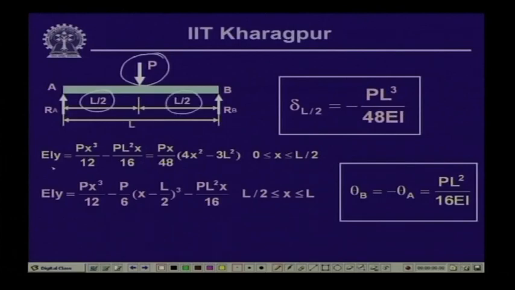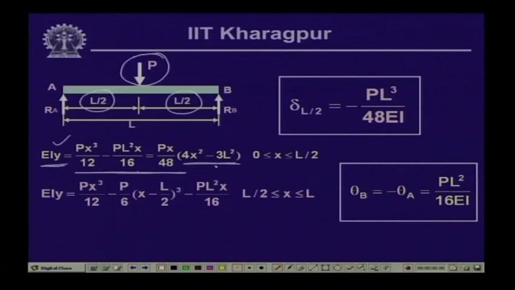Hence, the value of EIy, which was general so long with the values of a and b, now becomes a function of L alone, and of course x along the length of the beam. EIy equals P x cube by 12 minus P L square x by 16, and if we take P x by 48 out, it becomes (4 x square minus 3 L square).